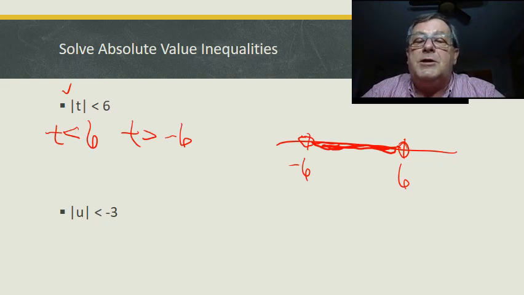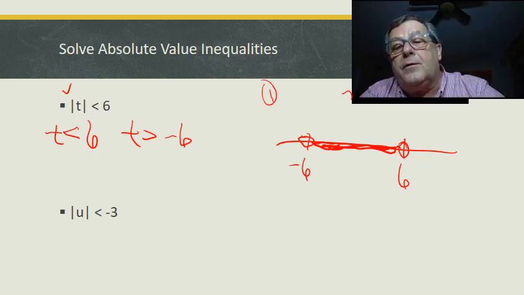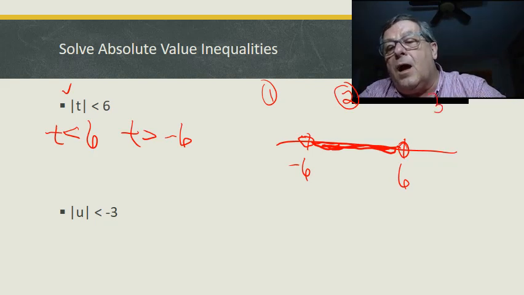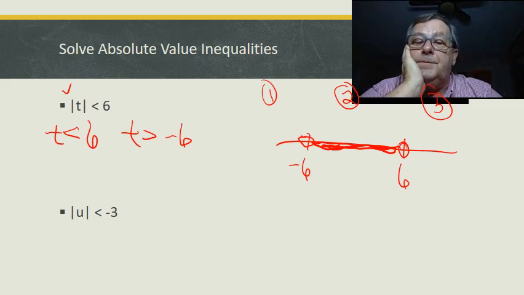Now, our book doesn't talk about testing intervals, but later on we'll do a lot of testing of intervals, or we'll see where we need to test intervals. And I can test, so I have 3 intervals here. I got an interval right here. I got an interval here between the negative 6 and the 6, and I've got an interval beyond 6. And I could test any number in those intervals, and if that gives me a true statement, that is included in the solution set.